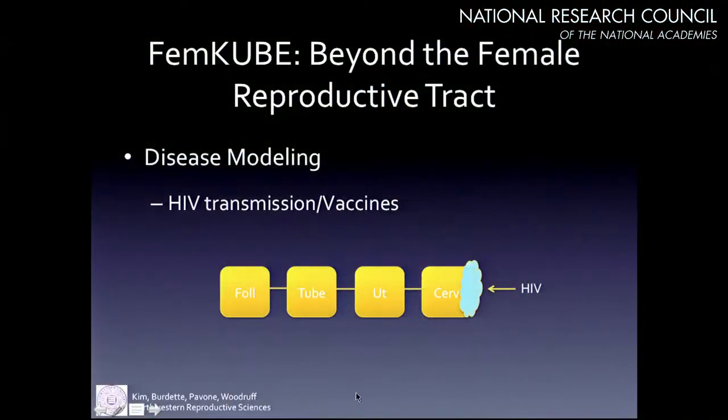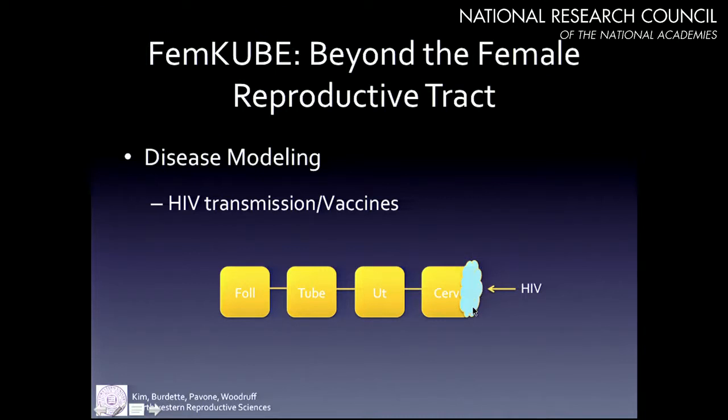And finally, this is another usage that we are interested in as well, in collaboration with the HIV researchers at Northwestern: to really look at HIV transmission in the female reproductive tract. The researcher that we are working with, Thomas Hope, is interested in looking at cervical mucus and how antibodies to HIV can trap HIV at that cervical mucus.